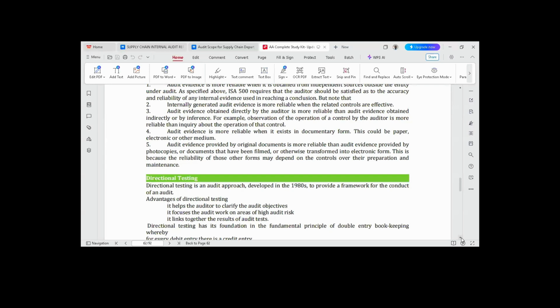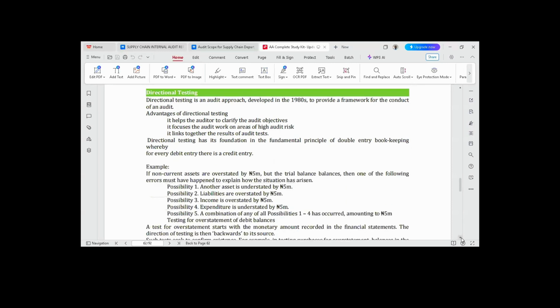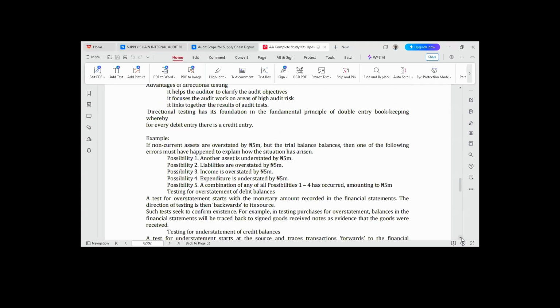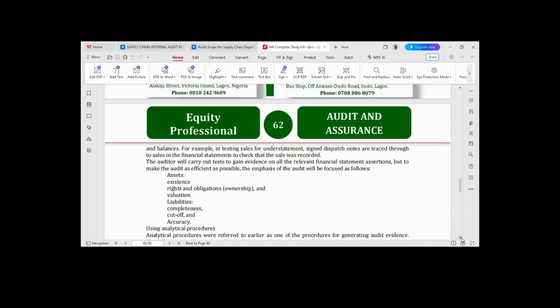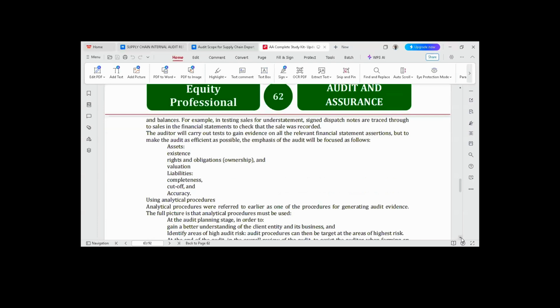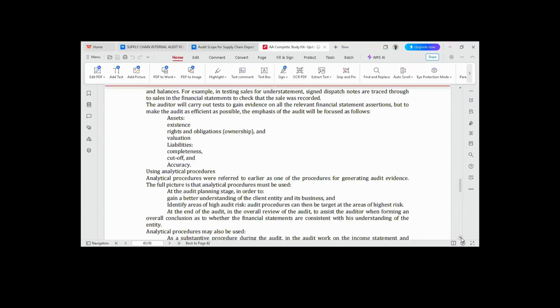That is all the tests you have performed, the test of transactions, test of controls, it combines them. I hope it's clear. So that is what we mean by directional testing. Any question?